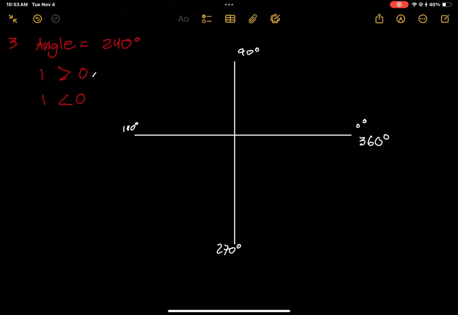First, we need to find one positive coterminal angle. So this is our given angle, 240 degrees, sorry.